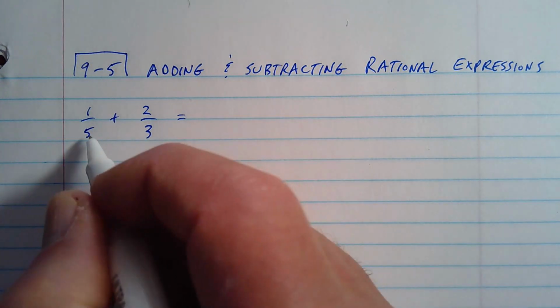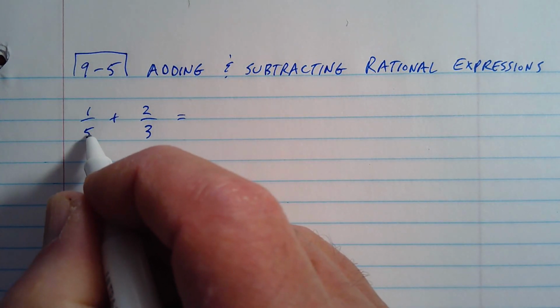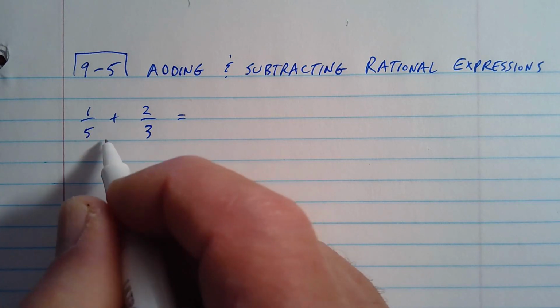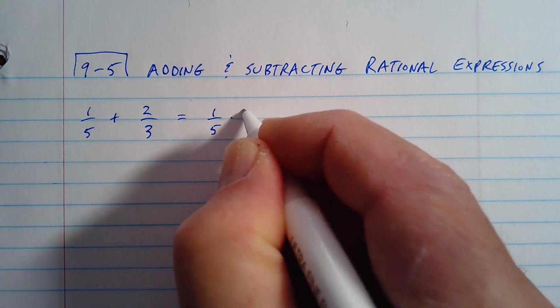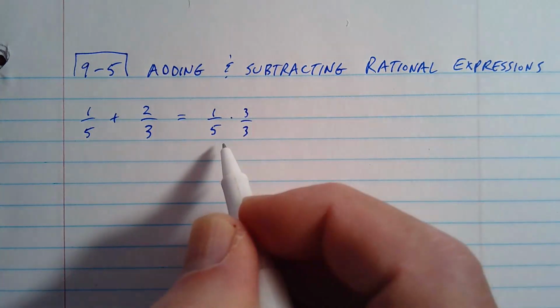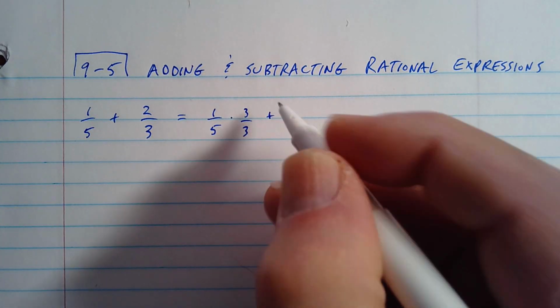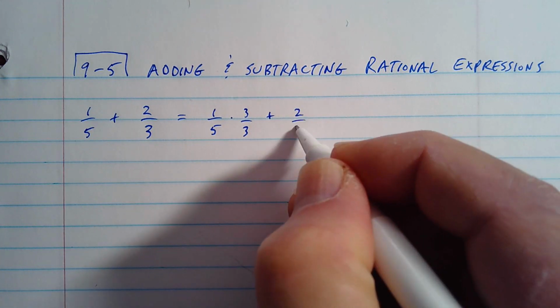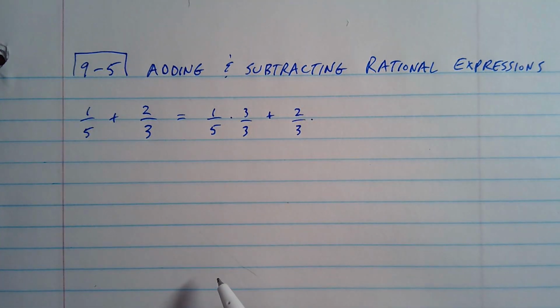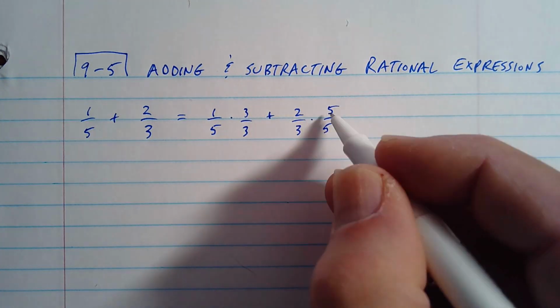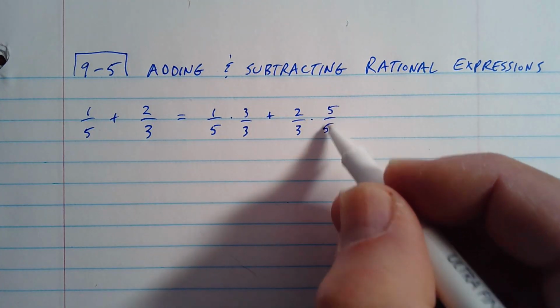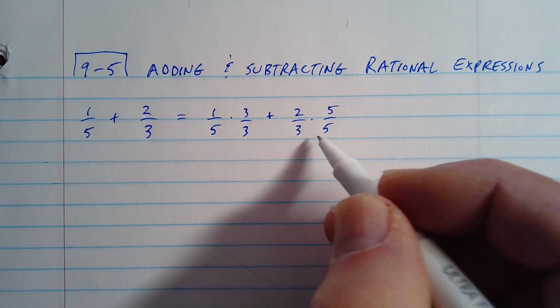And so in doing this, I'm going to say what multiplied by 5 will give me my 15, and so that's 3. So I'm going to multiply top and bottom by 3 to make that into 15ths. And then I'm going to do the same thing with the 2/3 fraction, multiply the top and bottom by 5. Notice when I do top and bottom of the same thing, that's just multiplying by 1, and it doesn't change the value.